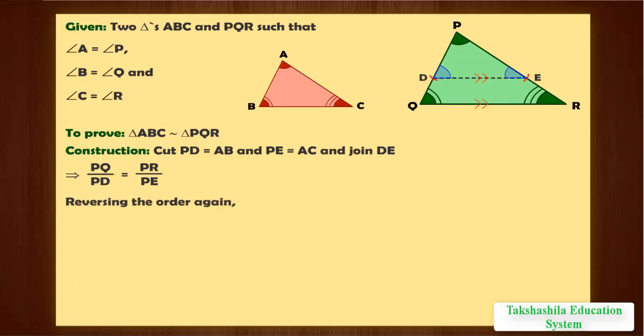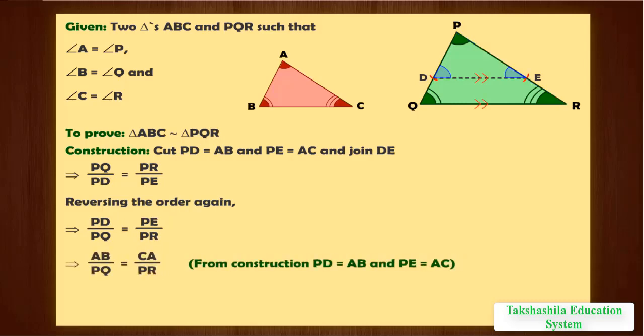Reversing the order again, we have PD upon PQ is equal to PE upon PR. Since from construction, PD is equal to AB and PE is equal to AC, we get AB upon PQ is equal to CA upon PR.